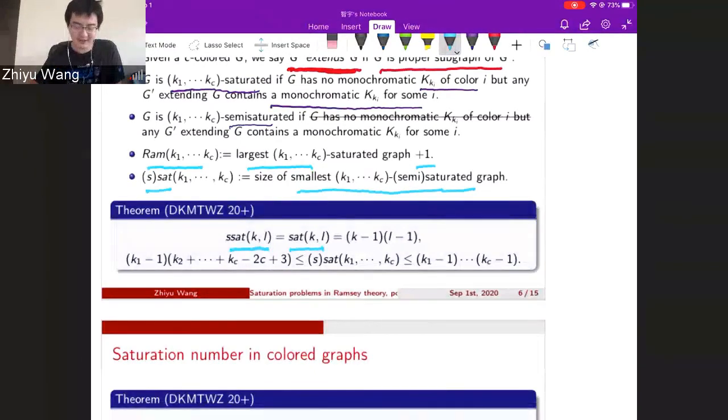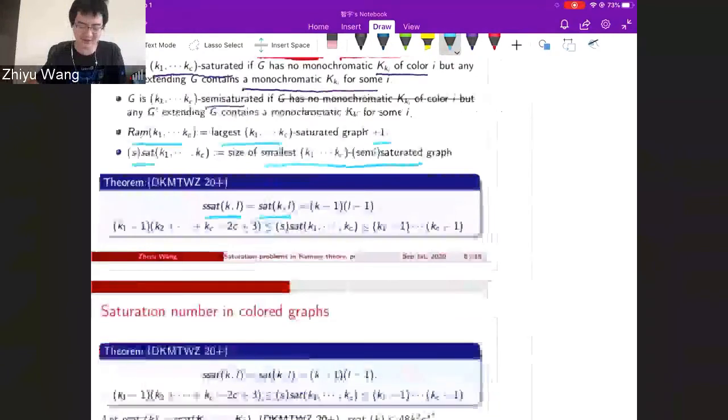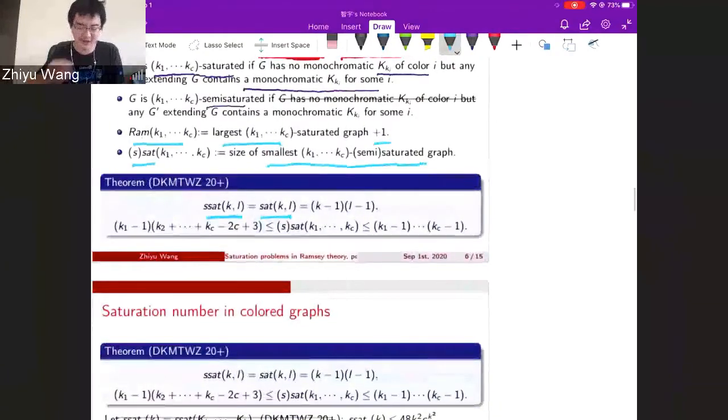I think the proof is easy enough that we can briefly go over it. For the upper bound, we just need to give a construction of a color graph that is K_k, K_l saturated, and this is very easy to see from this number. How do we do the construction?